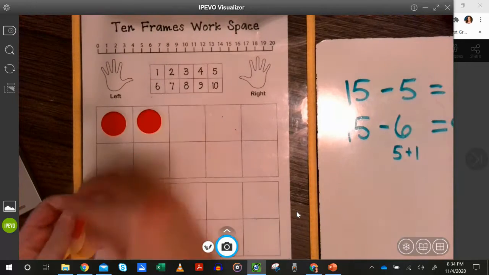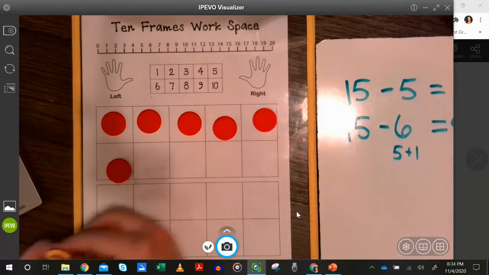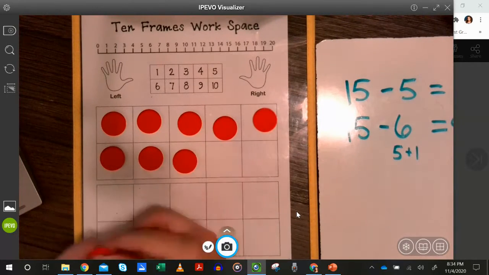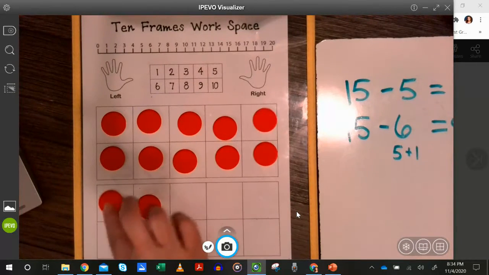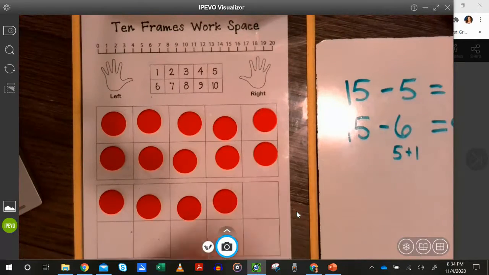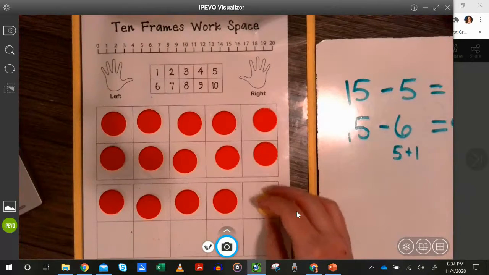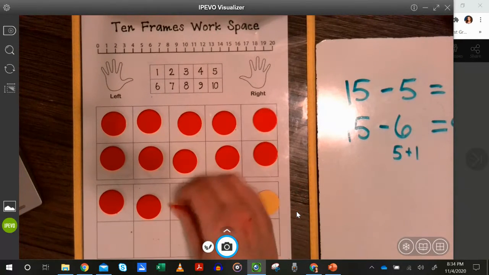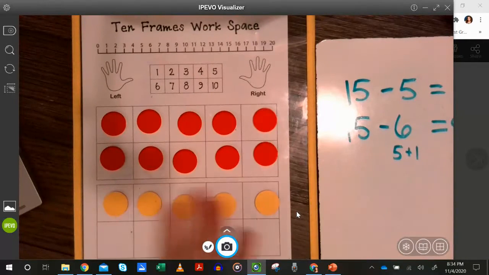Okay, so we're going to quickly show a group of 10 and 5 more. There's our 15. A group of 10 and 5 more. Well, if I want to take away 5, I'm just going to flip them over. If I take away 5, then I know I have 10 left.